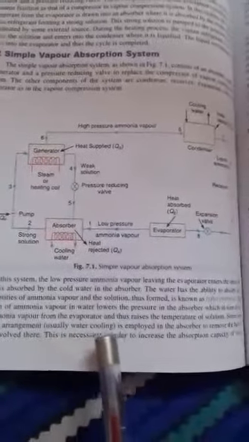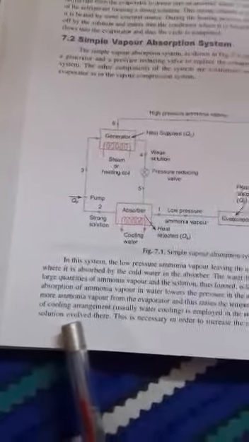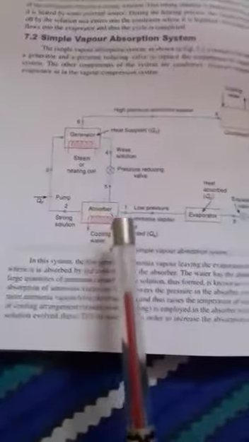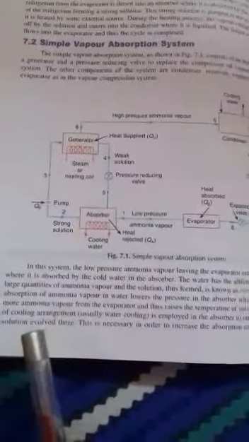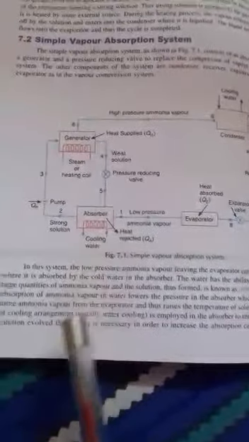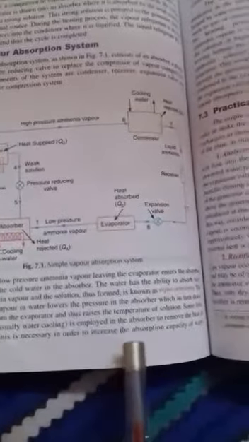It is an exothermic reaction, a lot of heat is involved, so it is absorbed with the help of cooling water. This is necessary in order to increase the absorption capacity of water, because at high temperature water absorbs less ammonia vapor.